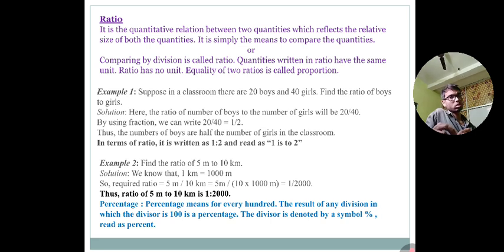If you have one more, 2 upon 6. 1 upon 3 first of all, then 2 upon 6. Then you will realize that both are equal. This type of comparison is called proportion.